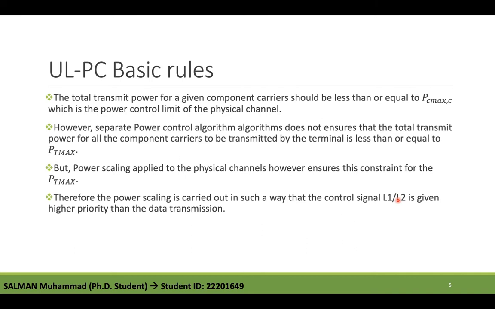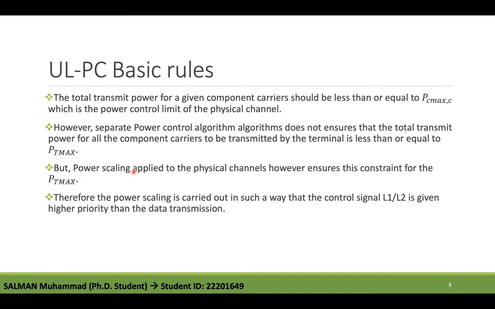The remaining power available is then assigned to the remaining physical channels. So the total transmission power for a given component carrier should be less than or equal to the P_C,max of the carrier. This P_C,max basically denotes the power control limit of the physical channel. However, separate power control algorithms do not ensure that the total transmit power for all the component carriers transmitted by the terminal is less than or equal to P_T,max.